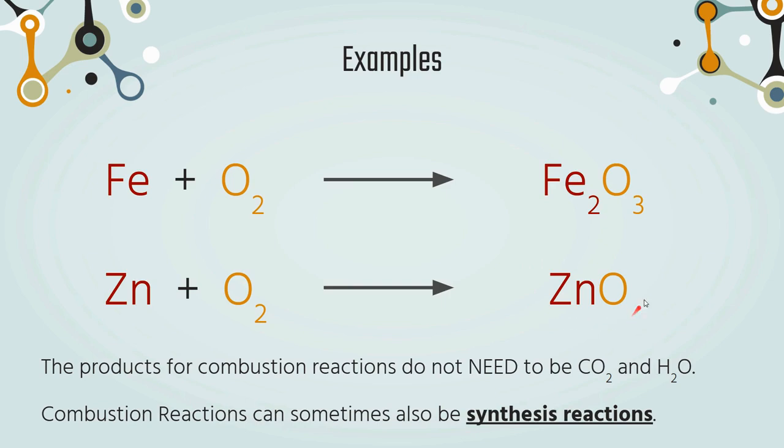We're adding our two reactants together to get one product. I would say that these are more indicative of a synthesis reaction because they're not the typical kind of combustion we would picture. However, they technically do fall under the same idea of adding oxygen to a reactant. And that is all 5 of our reactions for this video.